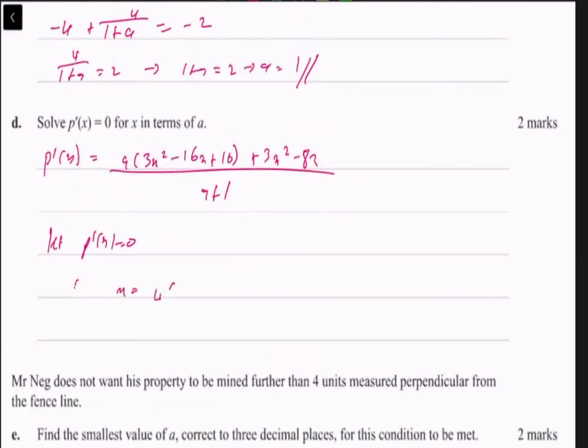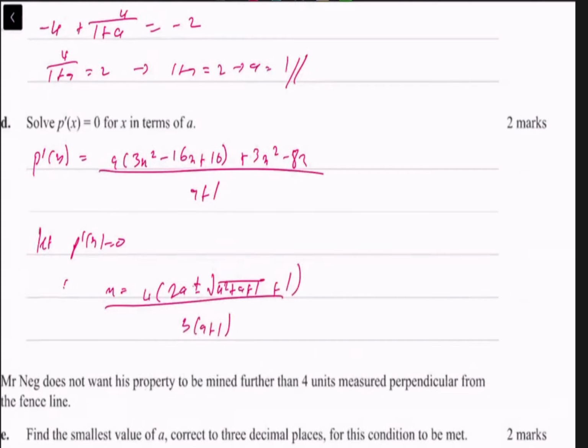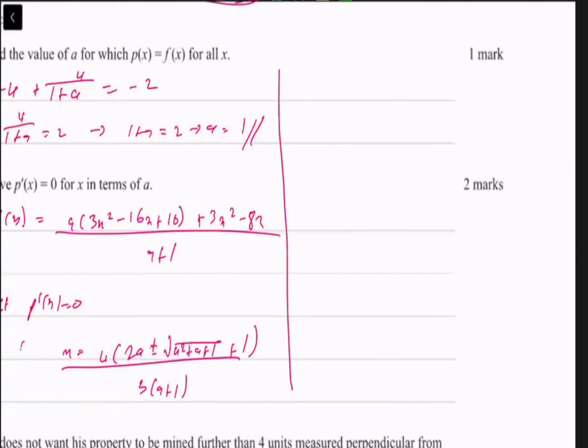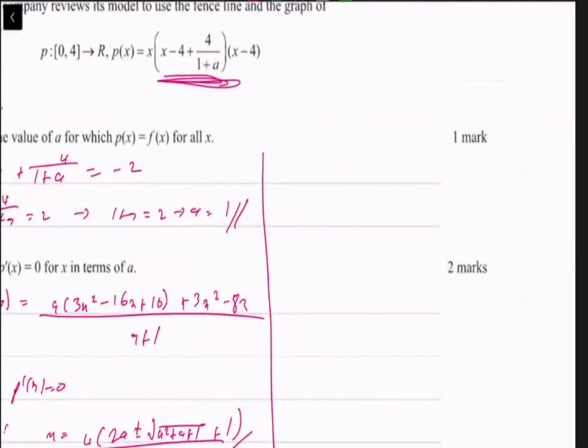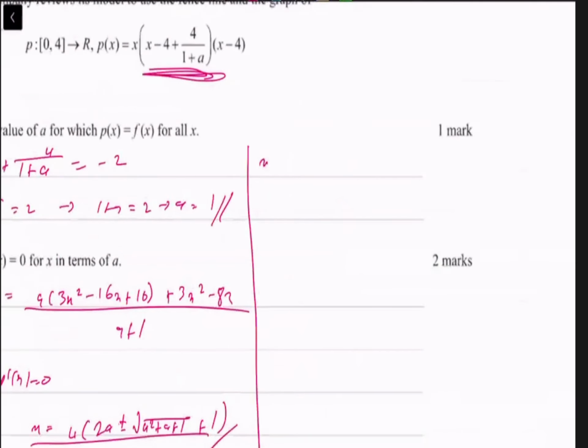So x is 4 times 2a plus or minus the square root of a squared plus a plus 1 on 3 times a plus 1. This answer looked really bad to me, so I tried to simplify it, but you can just leave it like this. My simplification was 8a plus 4 plus or minus 4 root a squared plus a plus 1 on 3a plus 3.